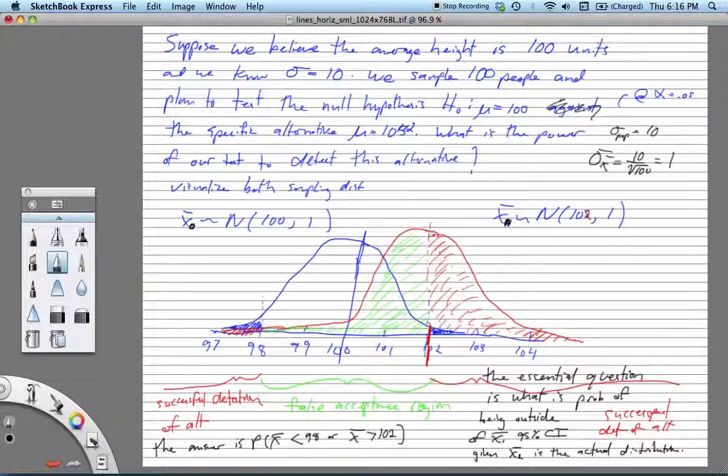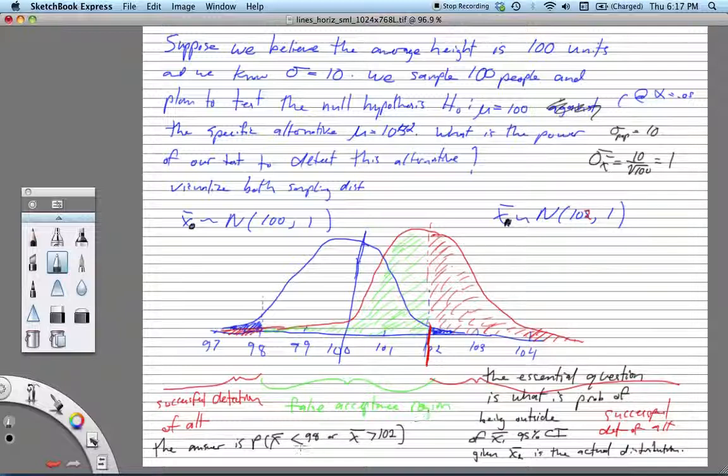However, if we grab a sample mean and it ends up being like 100 or 101, well, in that case, since we're still in the acceptance region under the null hypothesis, we're going to naively continue believing the null hypothesis, even though it's not in fact true. So this points to the power of our test to detect the alternative, that in fact mu is 102.